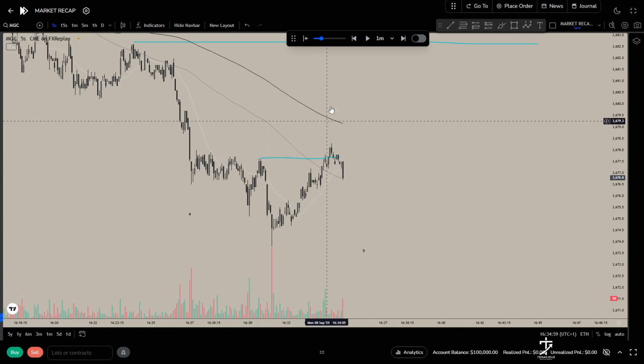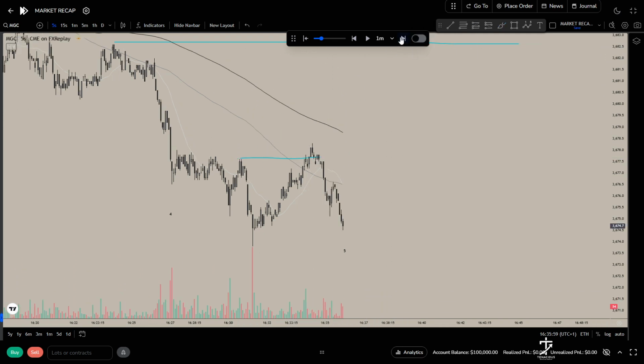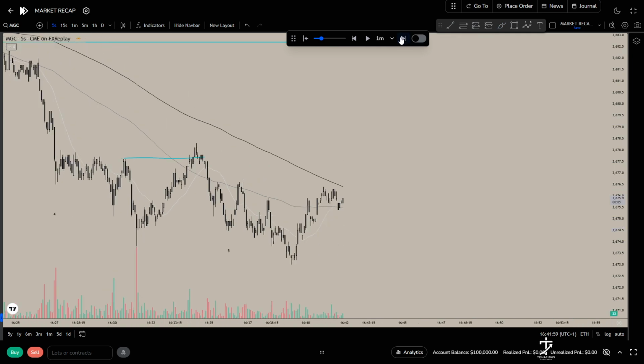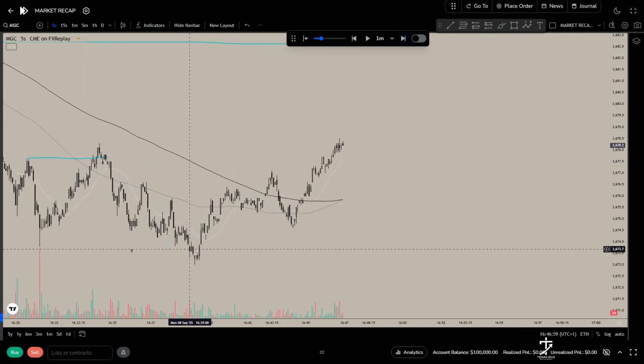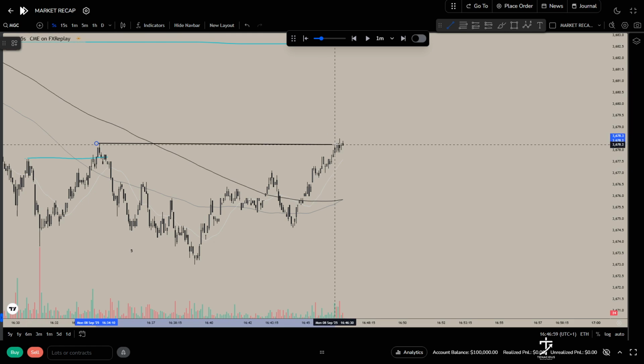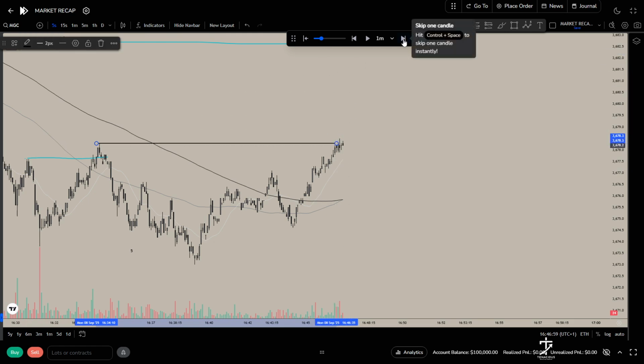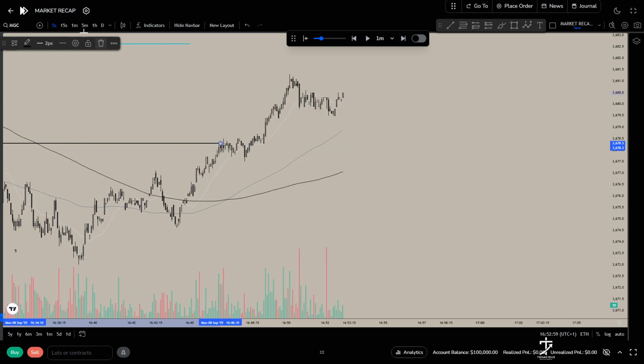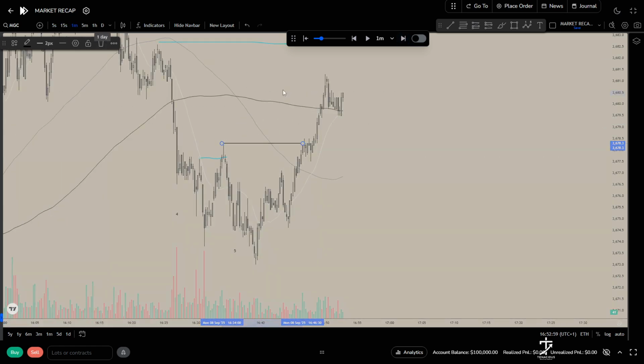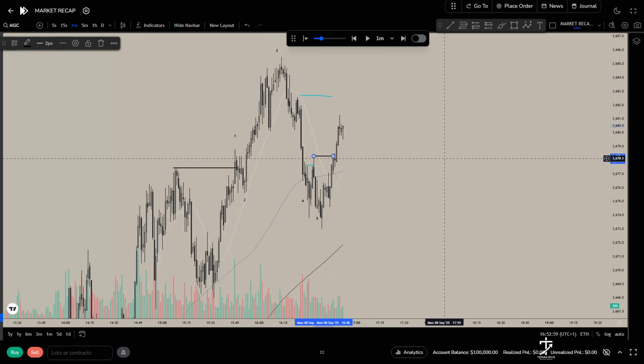But we're below the SMA. So when you let price play out, we took out the lows again, and then we flipped again based off my 5-second chart. Then let's see what's going on the 1 minute.